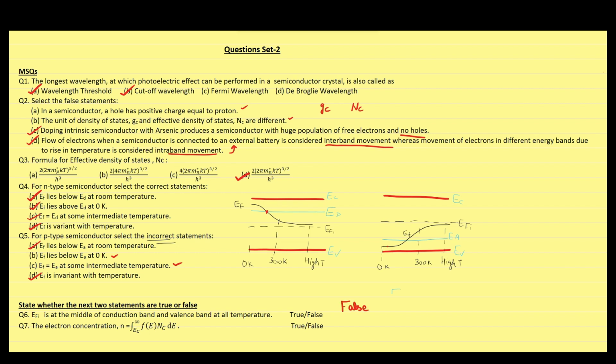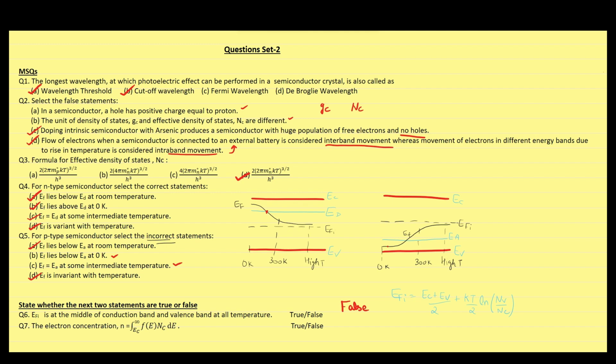We have the expression, so we can see that only at 0 Kelvin we have intrinsic Fermi energy level to be at the middle of the valence band and conduction band, which cannot be said true for any other temperature other than 0 Kelvin.